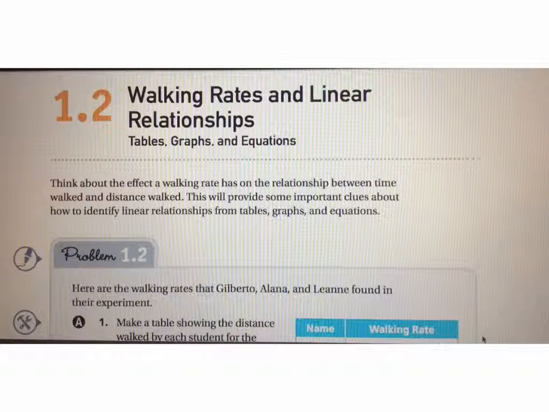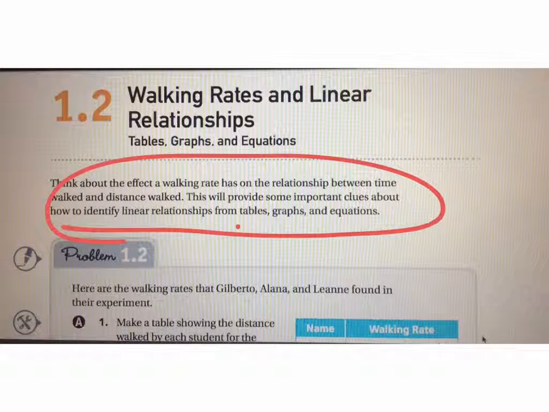So today we're going to be taking what we learned yesterday with walking rates, and we're going to be moving on to problem 1.2. In 1.2, you're going to be thinking about how walking rates might affect the relationship between time walked and distance walked. We're going to start to look at rate tables again.